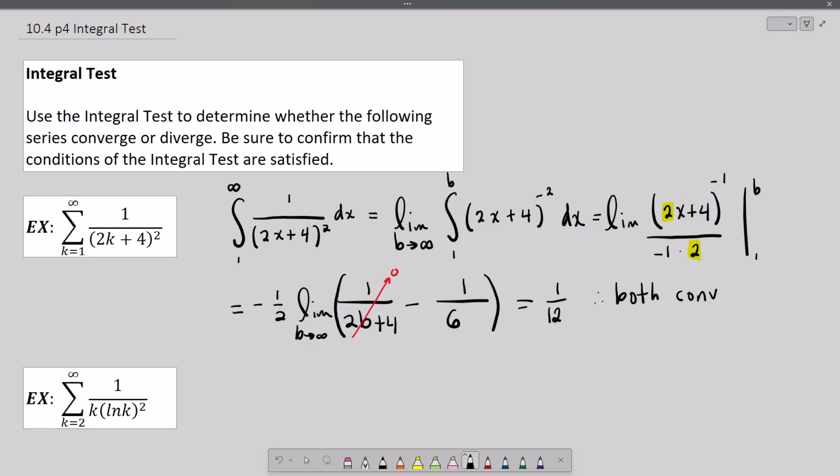Now, I want to do something here to make sure. It's so important to understand why something is happening. I am going to put a little extra piece in here. When we get a number, that tells us the integral converges.